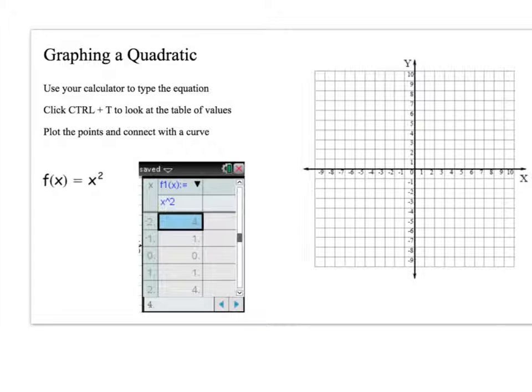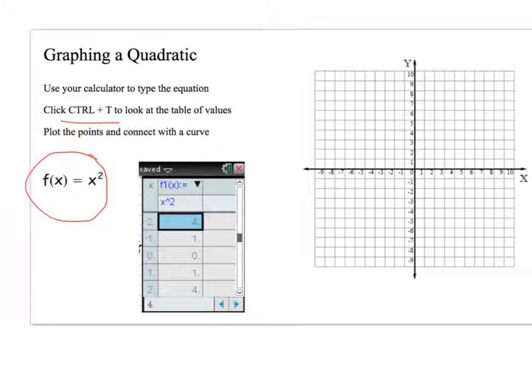So when we want to graph a quadratic, we're just going to go into the graphs page. If you go into your calculator and go to a graphs page, we're going to take a look at this basic quadratic where it's f of x equals x squared. And remember, you're going to hit Control T to look at the table of values once you type in the equation.